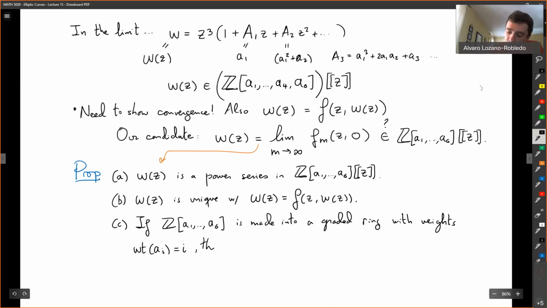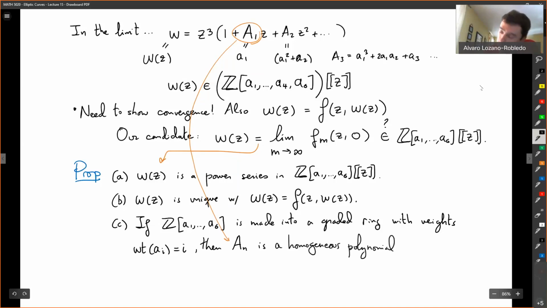Then the coefficients an. Remember, these are the coefficients that appear here. The coefficient an is a homogeneous polynomial in the graded ring of degree n. So now it is homogeneous in the variables a1 through a6 with the weights that we gave.